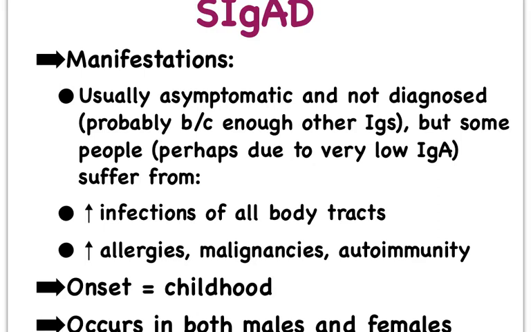And as you can imagine, if there is a lack or a low level in IgA, which is the immunoglobulin of your mucosae, right, we're going to see major infections of various body tracts or possibly all body tracts. In addition, people might have an increased amount of allergies, they might develop cancers, or even different types of autoimmune disorders. This can occur in both males and females.